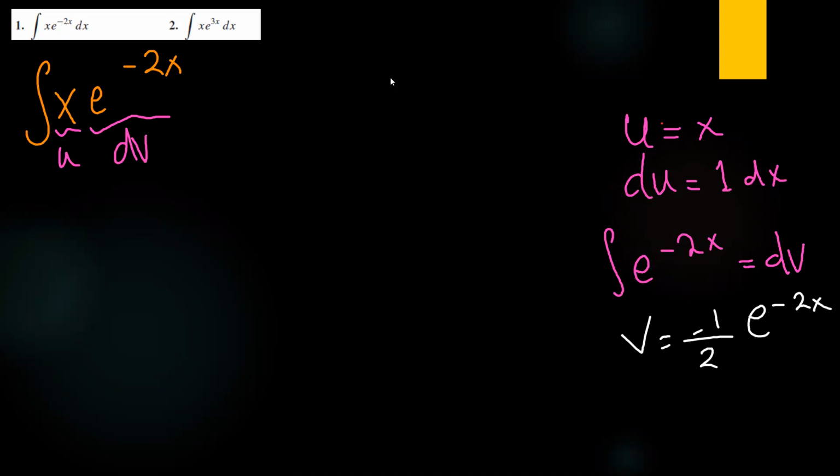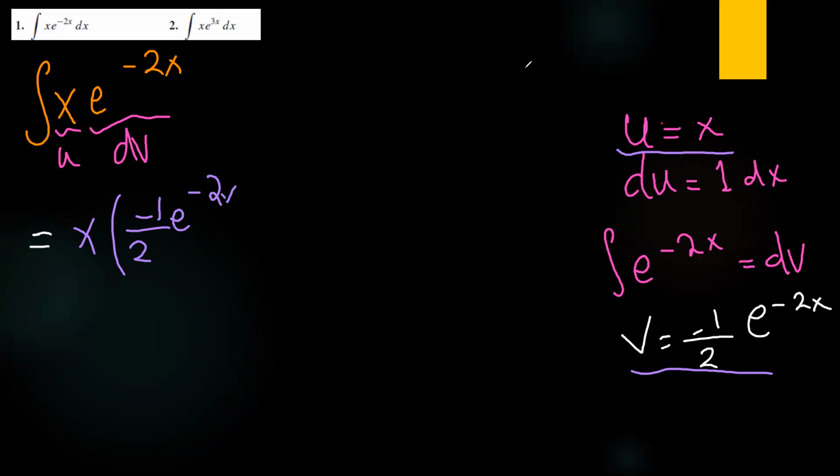So the integration of u dv is u times v. Where is u? Times v. So x times negative half e to the power negative 2x minus the integration of v, which is negative half e to the power negative 2x times du, which is 1.